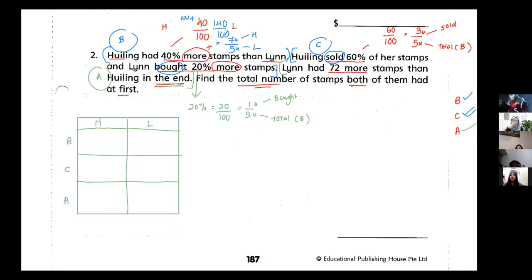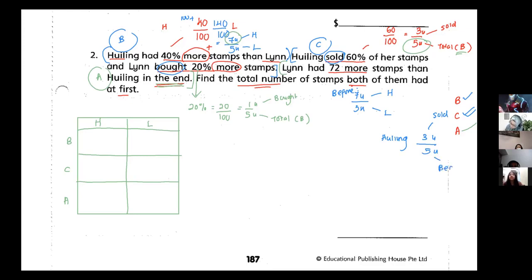Okay, now we're going to fill up. Hui Ling before and Hui Ling after. For the before, we have 7 units over 5 units. This is Hui Ling, this is Lin. Then for Hui Ling's change, we have 3 over 5 units, which is sold.